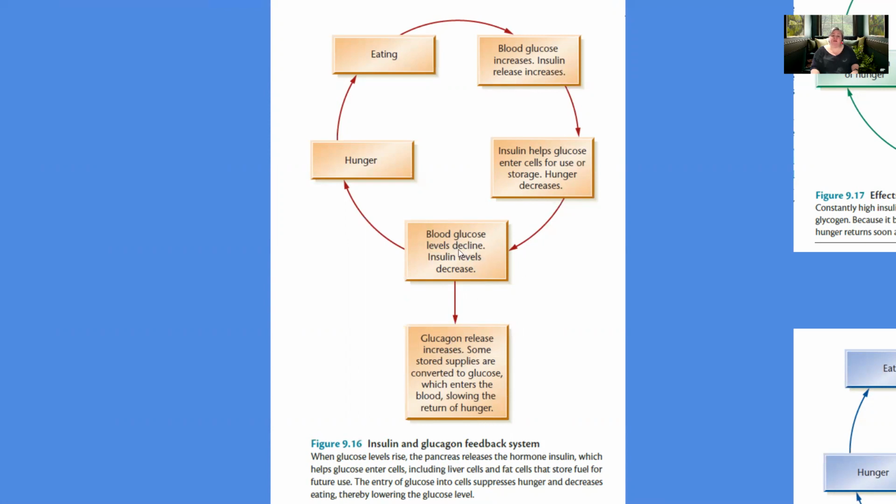So basically, it starts when our blood sugar is low, we become hungry, we eat, blood glucose increases, insulin release increases, insulin helps glucose enter cells for storage, and hunger decreases. So that's the cycle here, that ideally it's going to be based on our body being aware when our blood glucose is low and triggering that hunger and cueing us to eat.